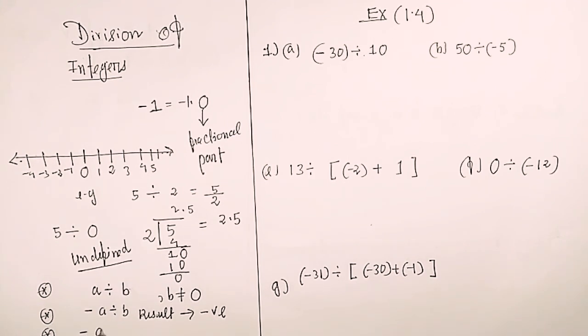When you divide a negative integer by a negative integer, the result is always positive.